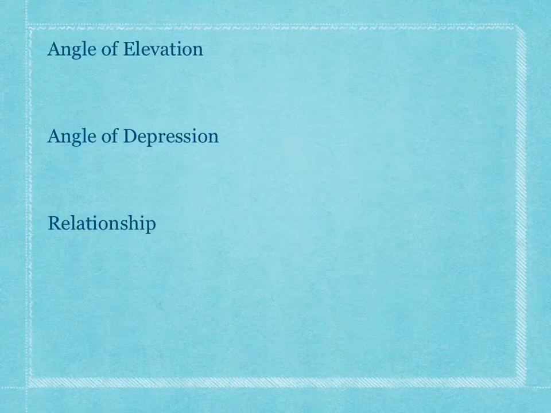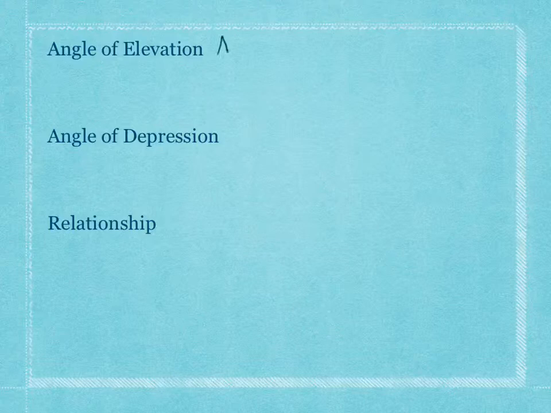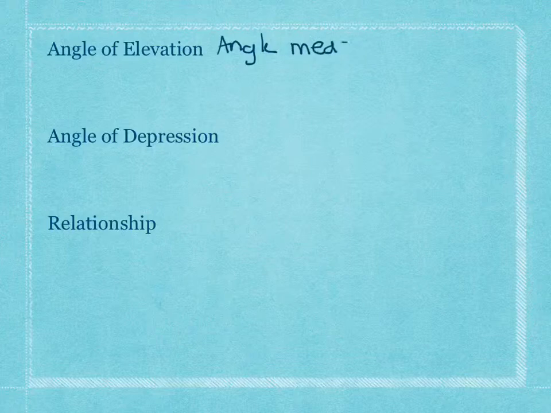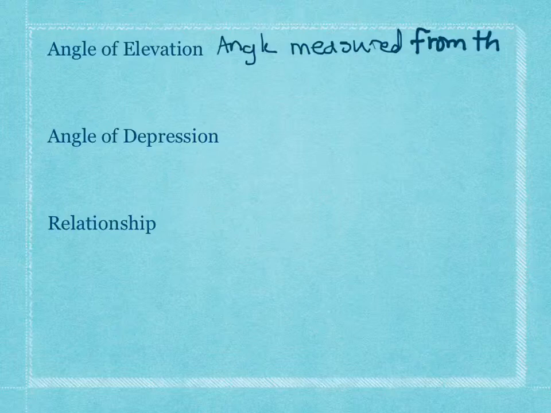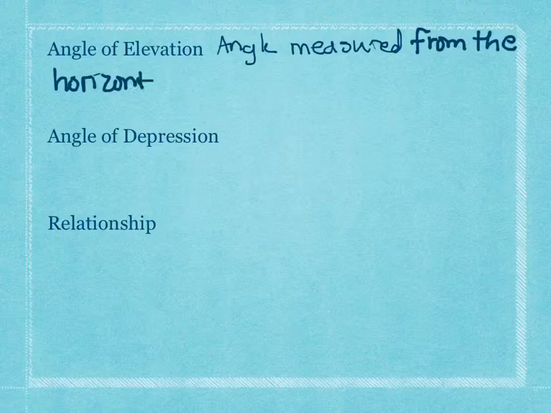So the first one on here is angle of elevation, and this is an angle measured from the horizontal line, or from the horizontal, we'll say it that way, up to the line of sight.